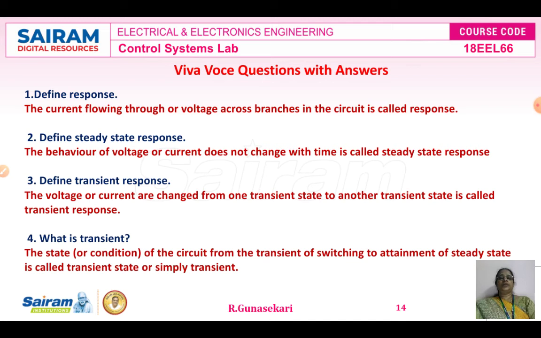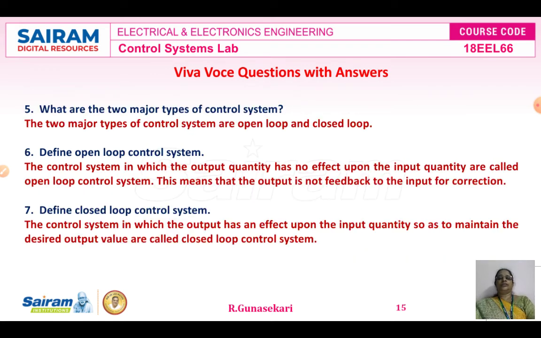Transient response: when the voltage or current changes from one transient state to another, it is called the transient response. That is, transient response is with respect to time. What is transient? The state or condition of the system from the instant of switching to the attainment of steady state is called the transient state, or simply transient.